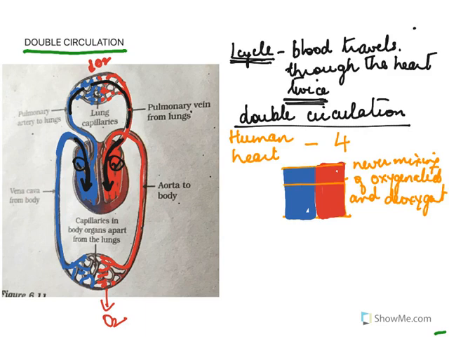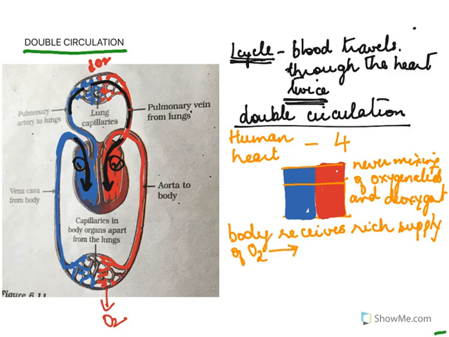Now because the oxygenated and deoxygenated blood does not mix, the body receives a rich supply of oxygen. The blood is full of oxygen, and this is very much needed by humans because we are warm-blooded.